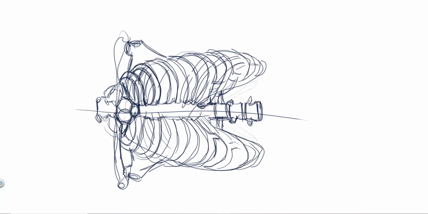I try to keep some details over here because it will definitely be helpful. This is the detailing part, the back portion of this rib cage. This is the back and it looks like this.